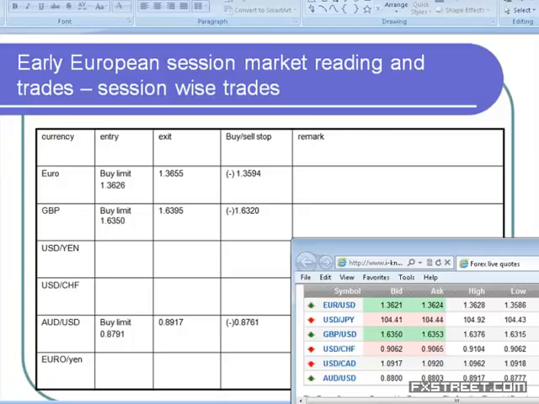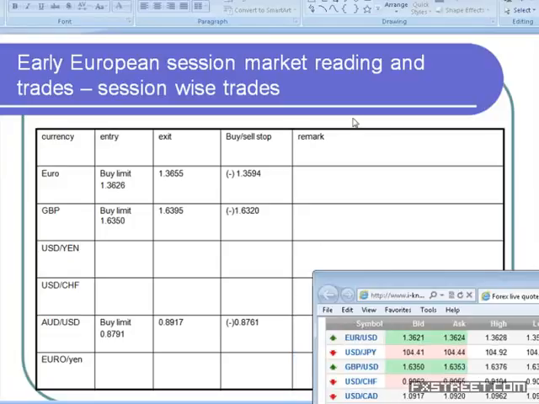So if you understand the trick, then you need not complicate yourself by thinking about various types of market analysis. Make your analysis as simple as possible so that you'll be able to focus more on live market trading rather than reading the market after the events.